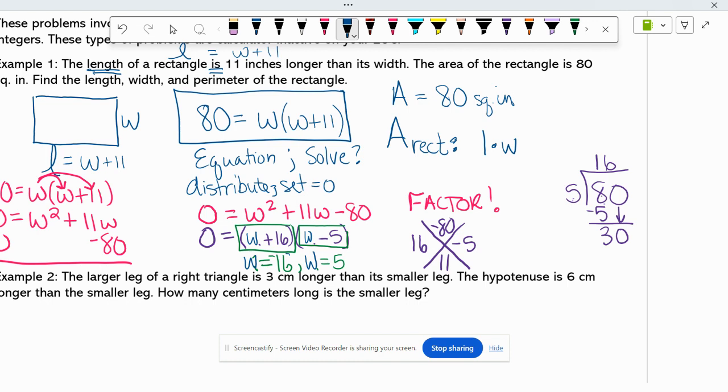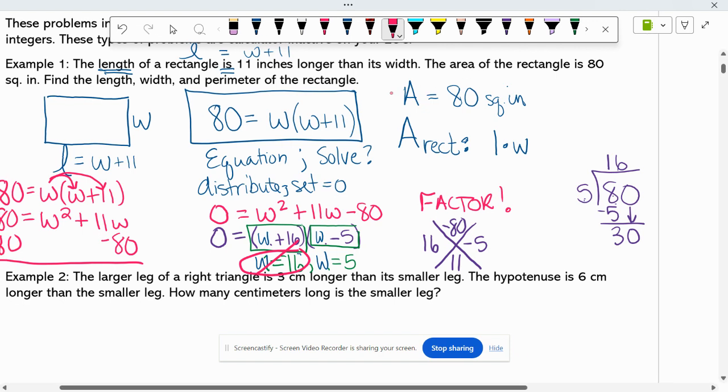Okay, you don't have negative dimensions. So does this answer make sense? Is this negative 16 a possibility? No, it doesn't make any sense, so you need to cross it out. This answer doesn't work. Does not make sense. Not possible. So the only possible answer is that my width is 5 inches.